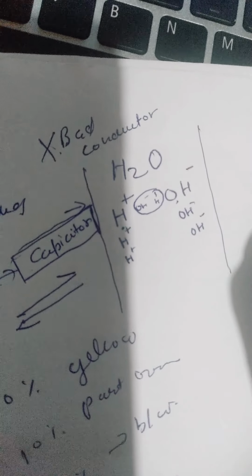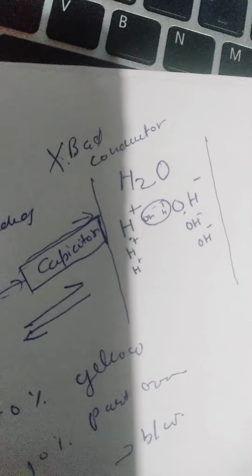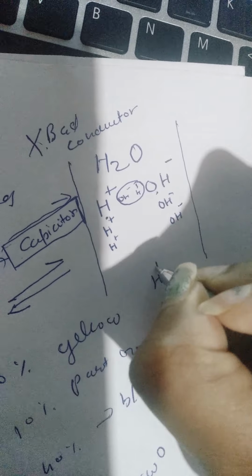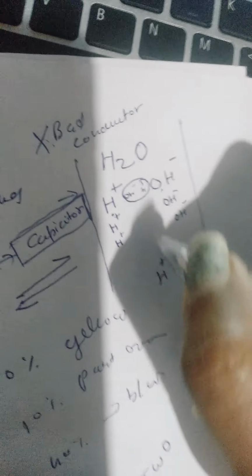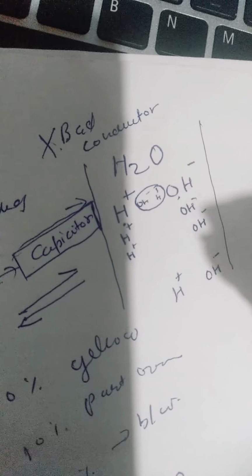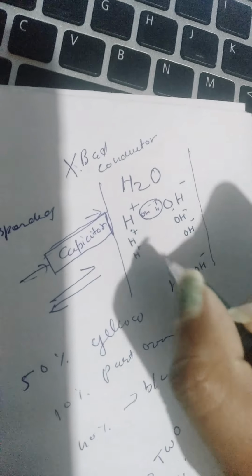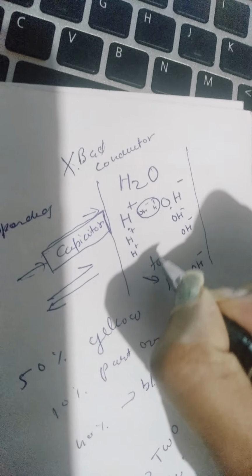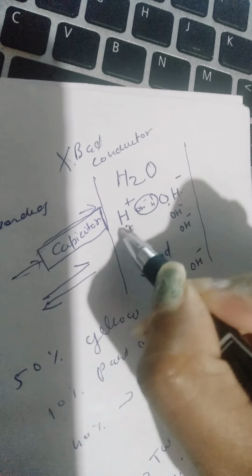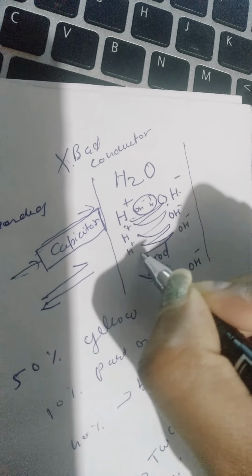So dielectric properties are basically used in microwaves. How? We have H plus and OH minus, and food contains a large number of water molecules. When the electromagnetic wave penetrates into the food, these H plus and OH minus get displaced from their position.